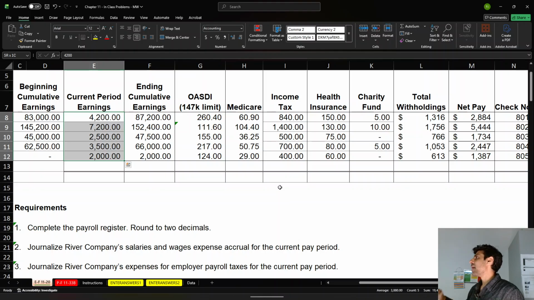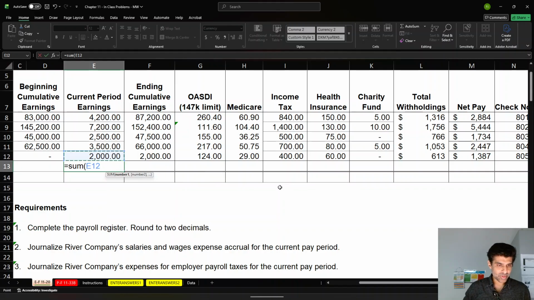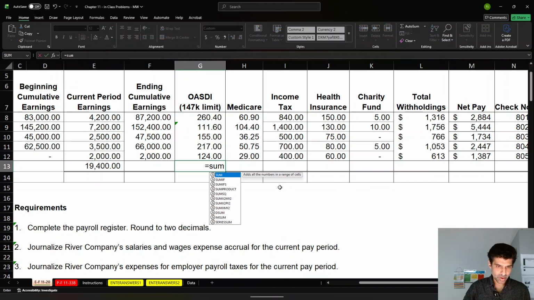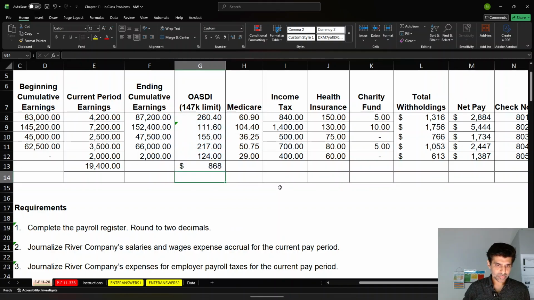I think I've repeated this like 3, 4 times, maybe more. I want this to be clear. This is your actual expense as an employer. So I'm just going to do a sum here and then sums for all of these.